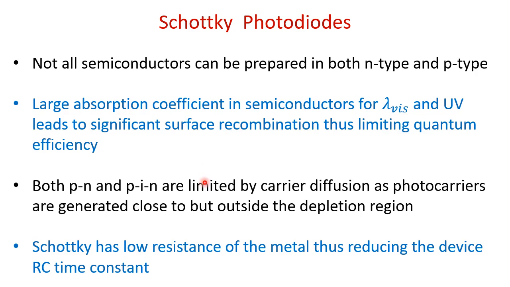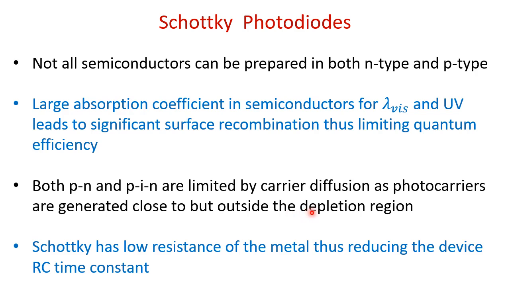There are, of course, the limitations that I have already talked about in the PN junction. There is carrier diffusion that happens, because many times the carriers are produced close to the depletion region, not really inside it, and if they are outside the depletion region, however close, they still need to diffuse to create the external current.